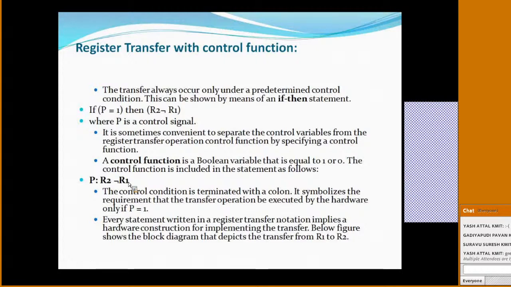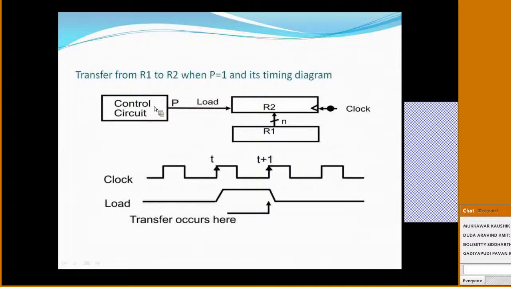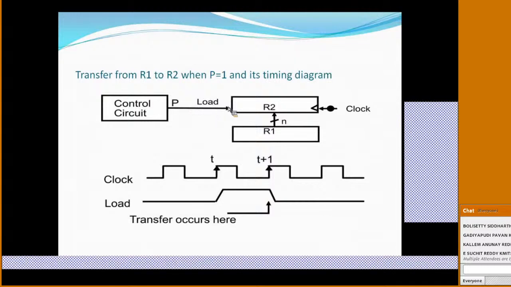Right? So here, see this example. Here we have a control circuit, which is the control unit, with the value of P, and this is given as an input to the load input of R2.